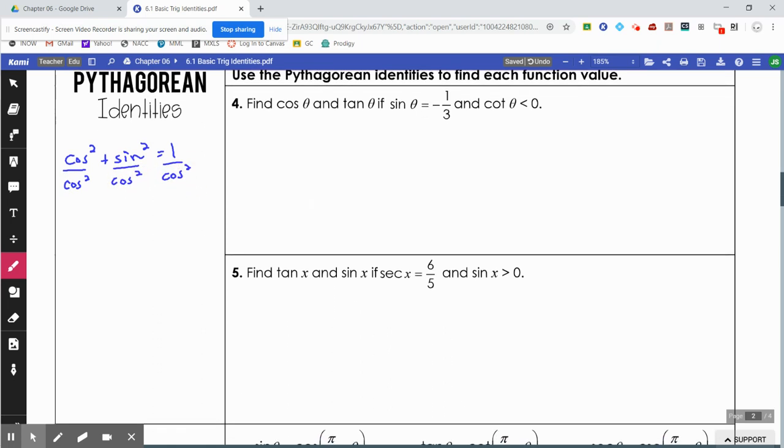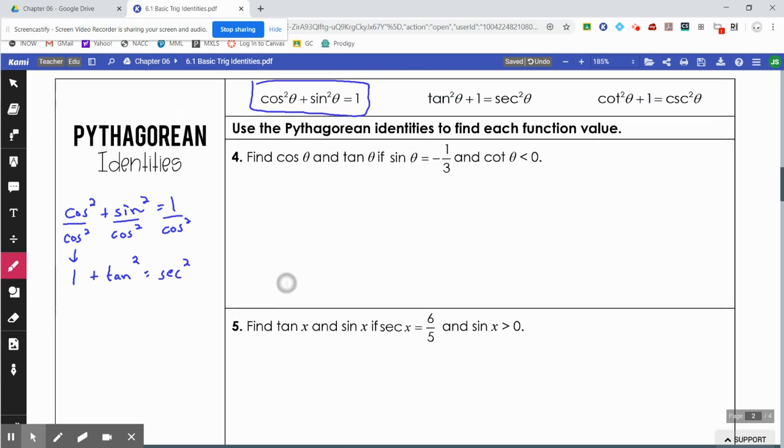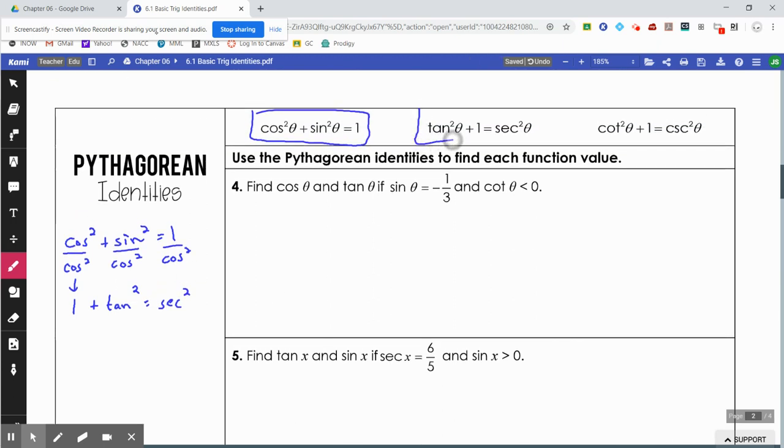And look what happens. Anything divided by itself is equal to 1. Plus sine over cosine, I know is tangent, so sine squared over cosine squared will be tangent squared, equals 1 over cosine is equal to secant by the reciprocal identities. So you have 1 plus tan squared equals secant squared, which is actually your second Pythagorean identity.